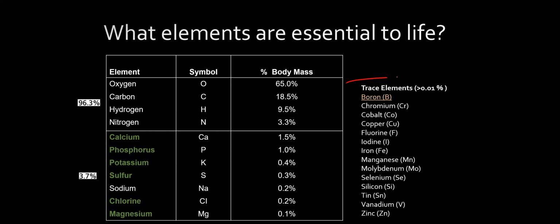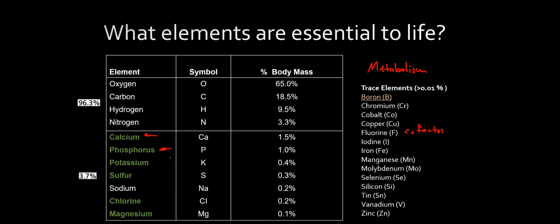As for the trace elements, they do all sorts of things, but the simplest way to think of it is this: the trace elements assist our metabolism. They act as cofactors with enzymes, as we'll learn later in the semester. Okay. Calcium is important for our bones.